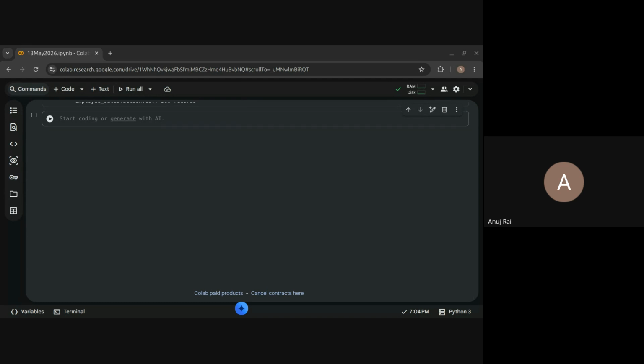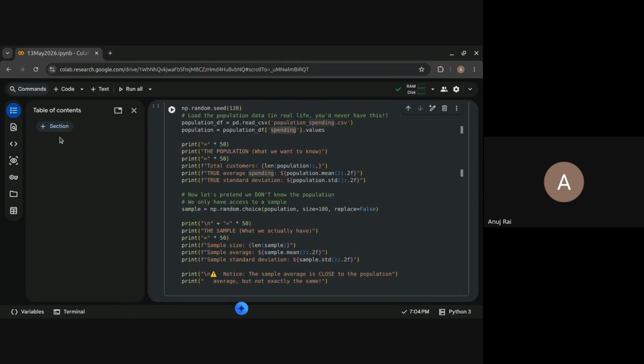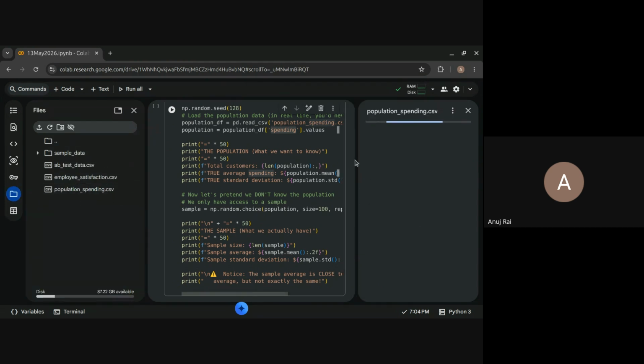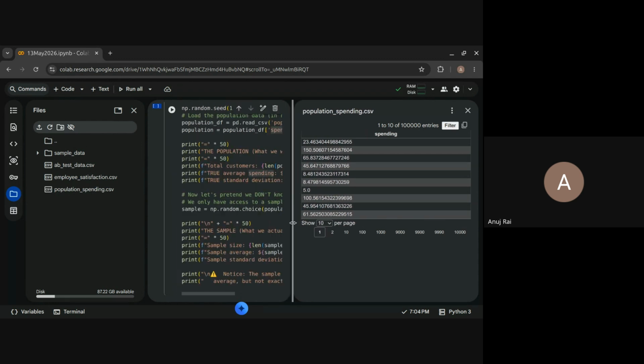So what we'll do is load the data set, our population spending.csv, and get the spending data from that data frame. If you look at the generated data, it consists of only spending, and each spending represents an individual unique customer's spending.